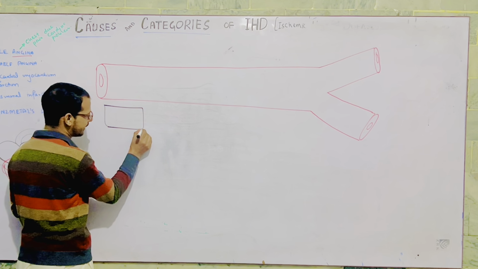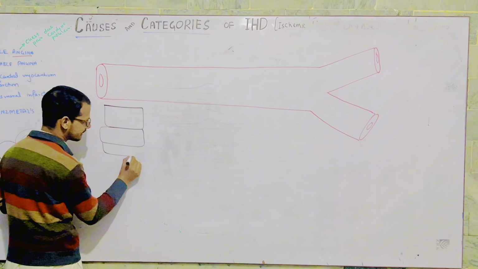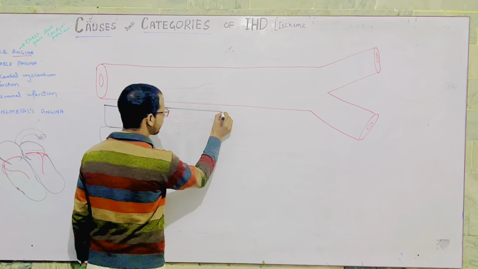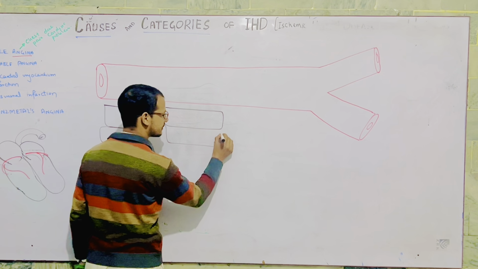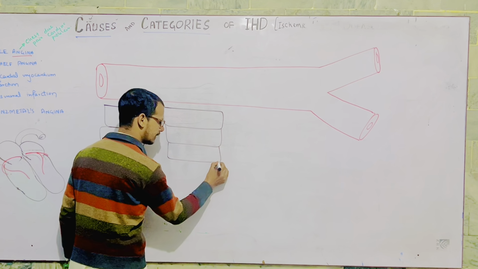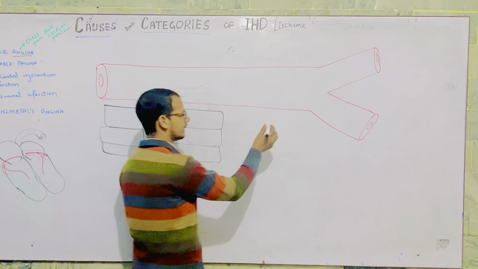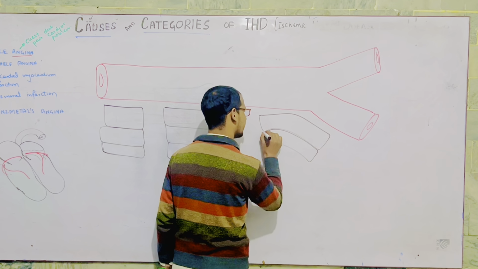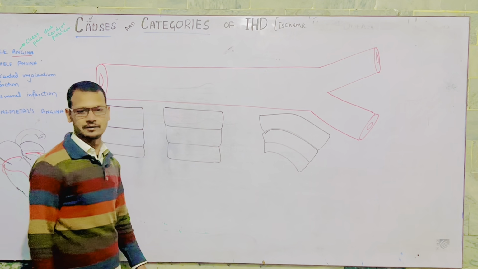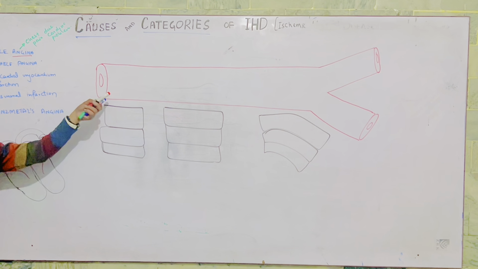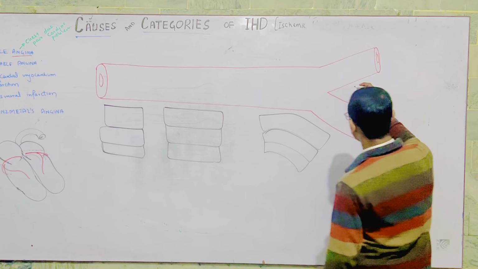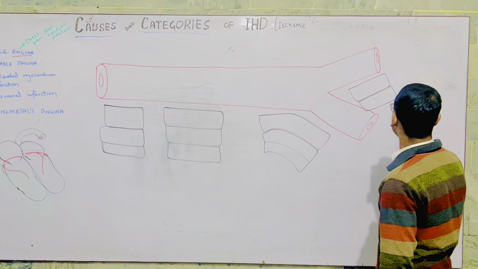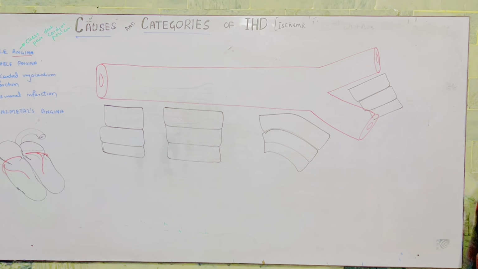This is endocardial myocardium, this is middle myocardium, and this is epicardial myocardium. Also here we have middle myocardium and epicardial myocardium. These are the categories.